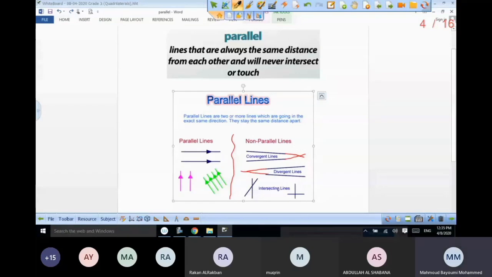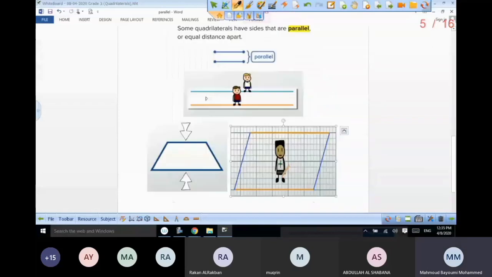So parallel lines are always the same distance from each other and will never intersect or touch. Like that also, if these two boys walk on their lines, they will not meet. They will not touch. They will not cross. Okay? So this is the meaning of parallelism.